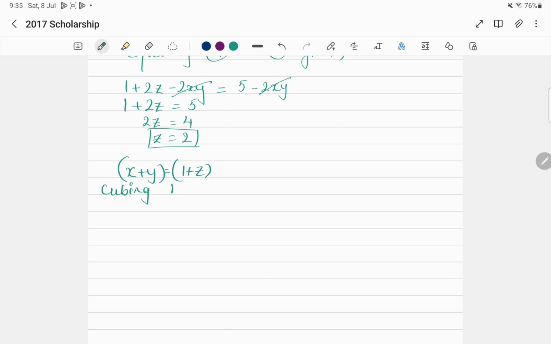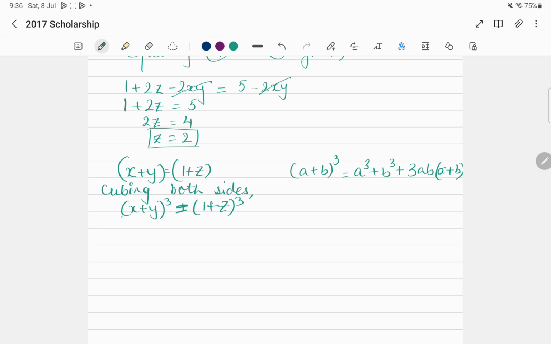So cubing both sides, we get x plus y whole cube is equal to 1 plus z whole cube. So the a plus b whole cube formula or identity is a cubed plus b cubed plus 3ab times a plus b.